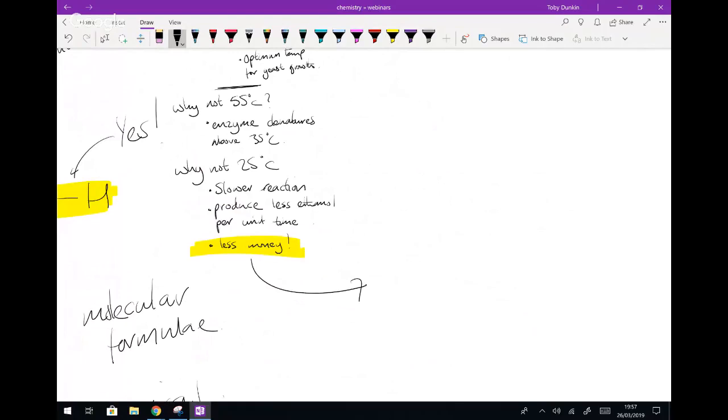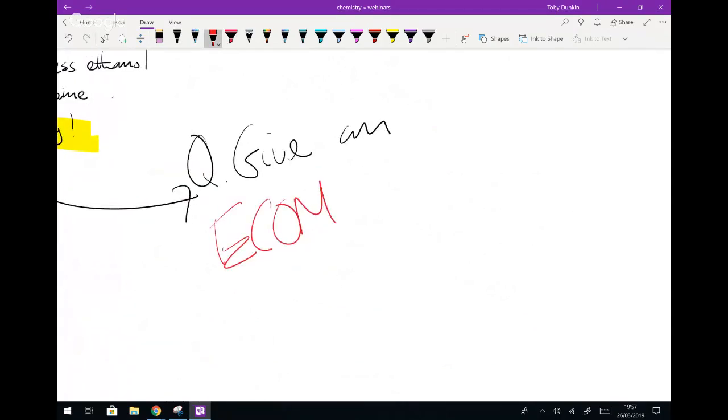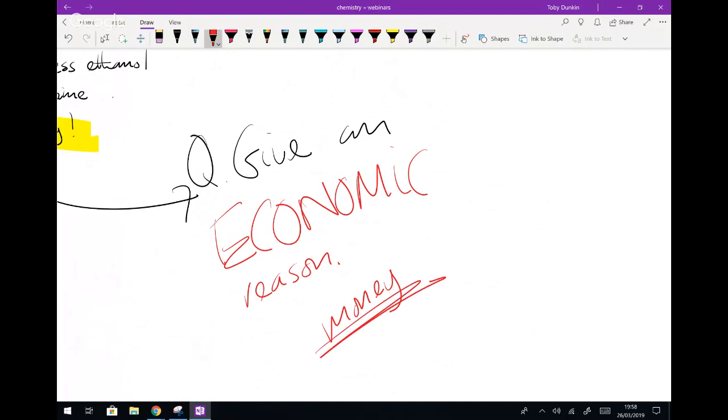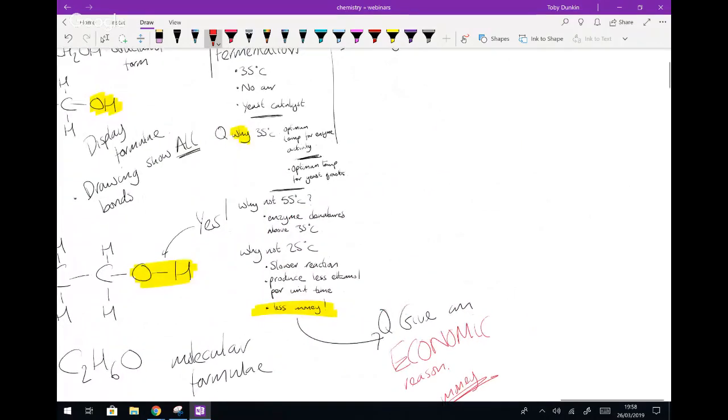If the question says give an economic reason, they want a reference to money. Business and chemistry, absolutely. Given an economic reason, full stop, you must mention money in your answer. It must be about profit, usually. Cool. Okay.